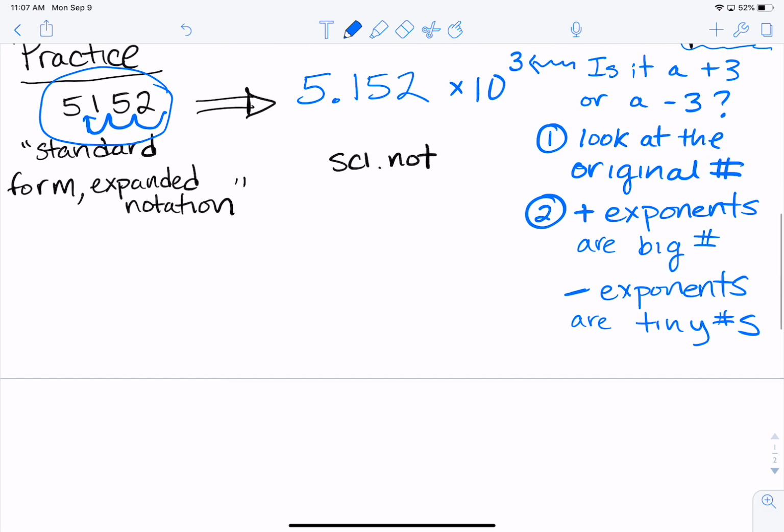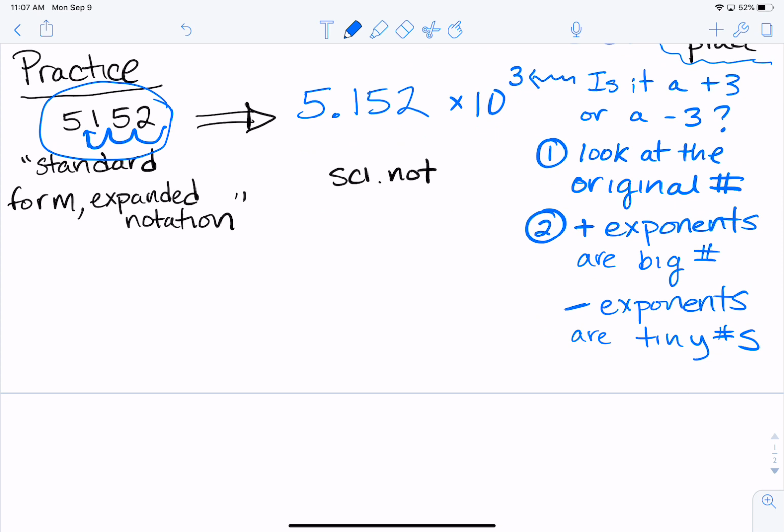And let's not be so vague. What the heck is a tiny number? A tiny number is anything that is less than 1.0 or greater than negative 1.0.